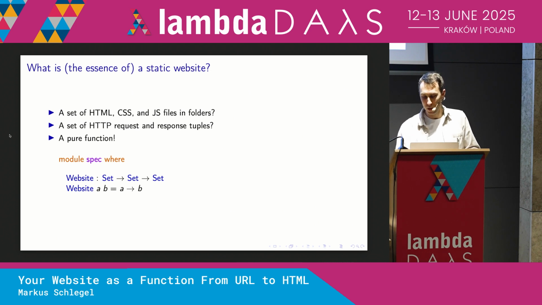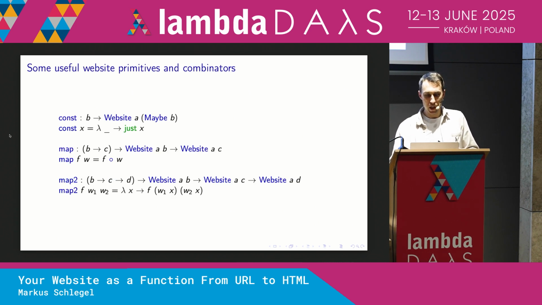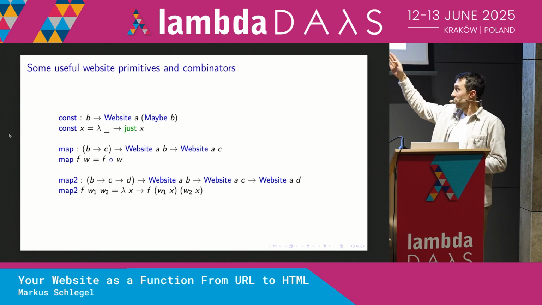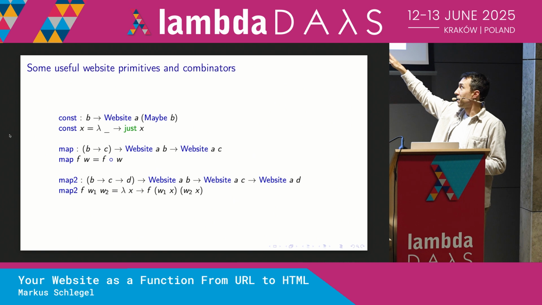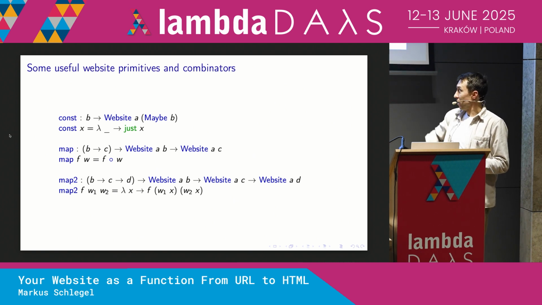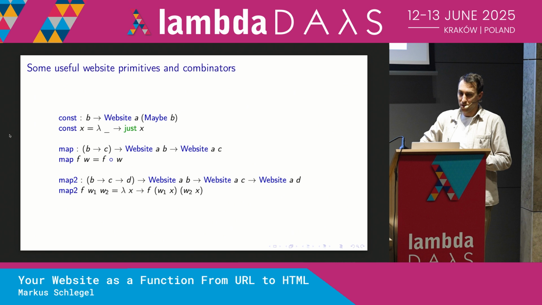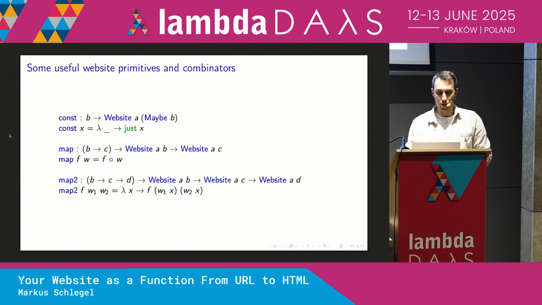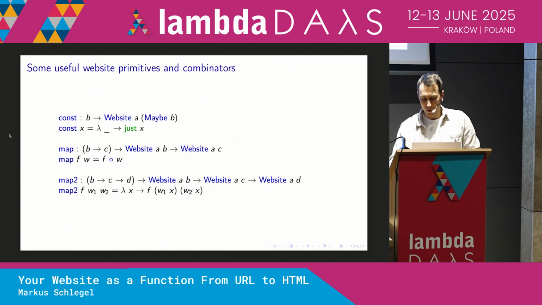It's just a function from A to B. And now we can build some useful website combinators, such as this const here, which takes B and then gives you a website of A to maybe B, and the definition is just whatever goes into this function, it just returns just X always. Another useful combinator is map, of course, where we map a function B to C over website A to B. Out comes a website A to C, that is just function composition. And map2 is basically the same thing as liftA2 in Haskell.